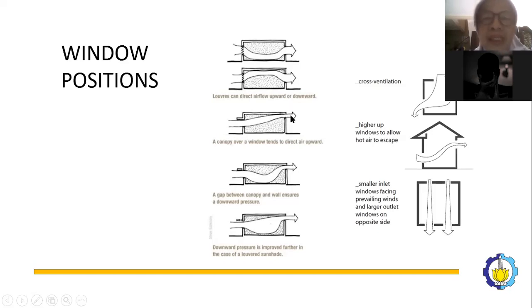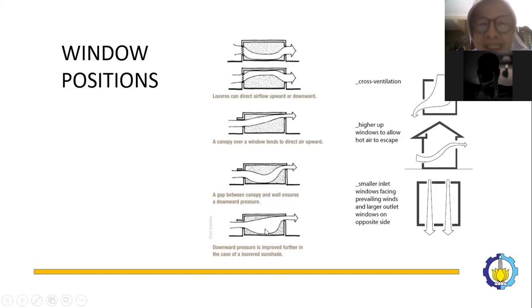With the position in the opposite side at the top near the ceiling, and the second side is like this, and the third kind of overhang is like a screen, like screen.